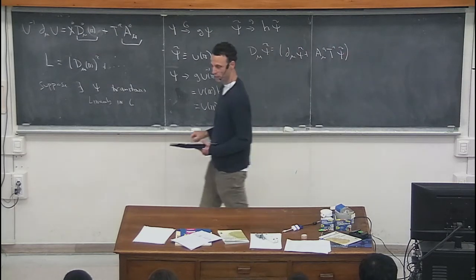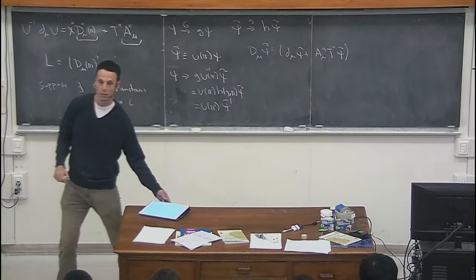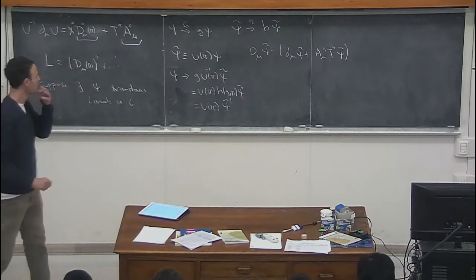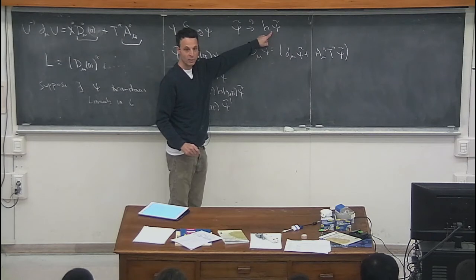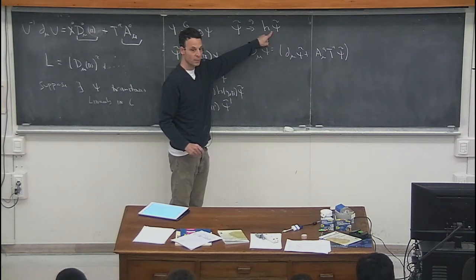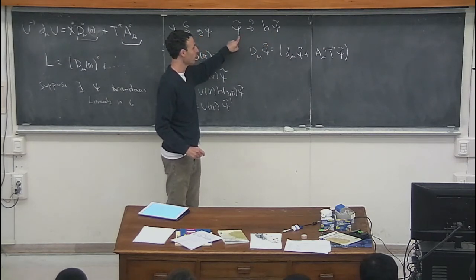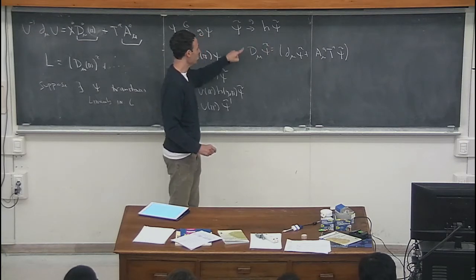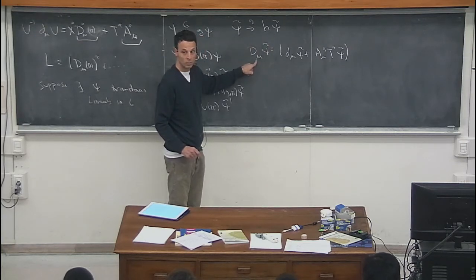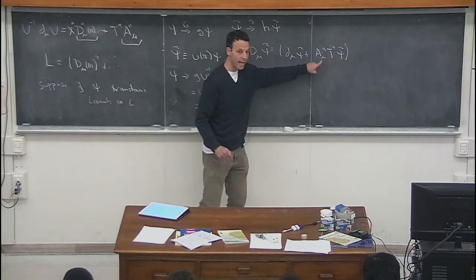And now this thing will transform covariantly under H. Remember that this H in general is going to depend on the pion fields. So even though psi tilde transforms nicely under G, performing an H transformation, the derivative won't. But the A_mu is exactly there to fix that.